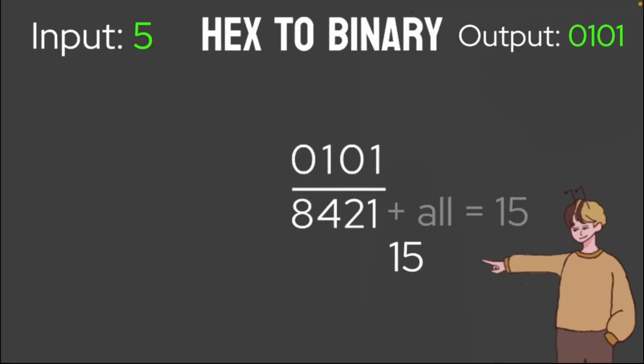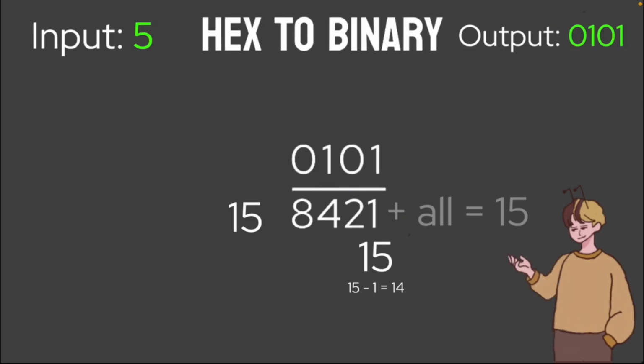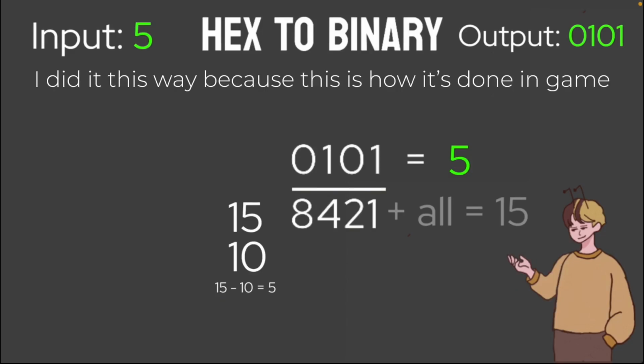So I'm going to put 15 here and here. Now, 15 minus 1 equals 14. So now we'll move along to the next bit that has the 1 above the number, which is 4. So now 14 minus 4 equals 10. And if we put the 10 next to the 15 and subtract them together, we get 5, which is our input.